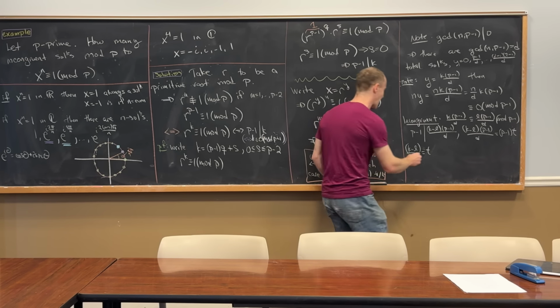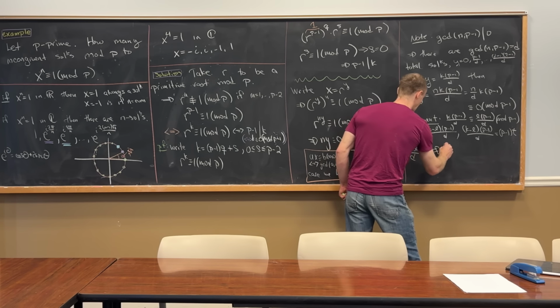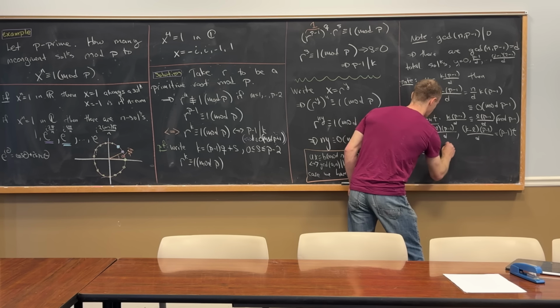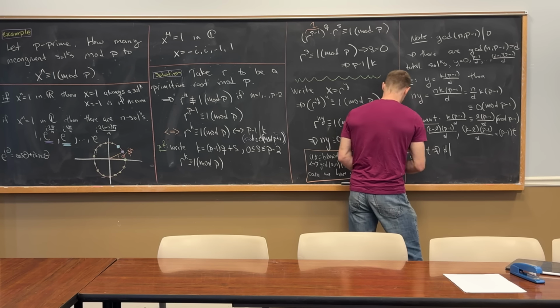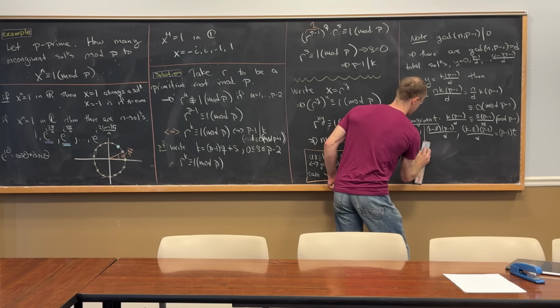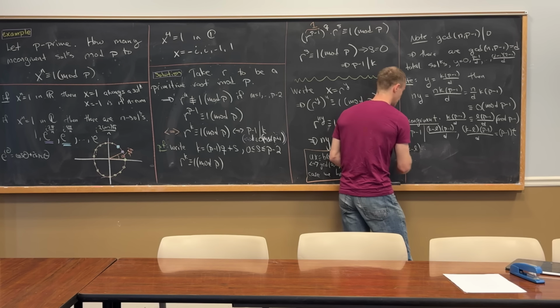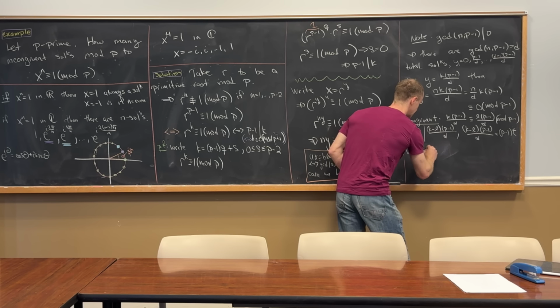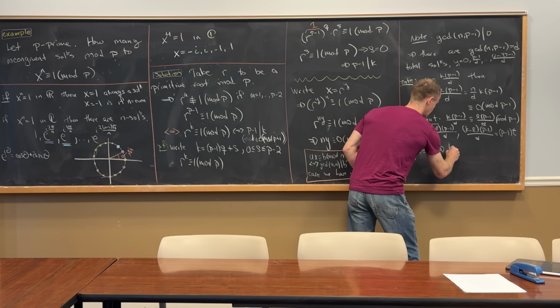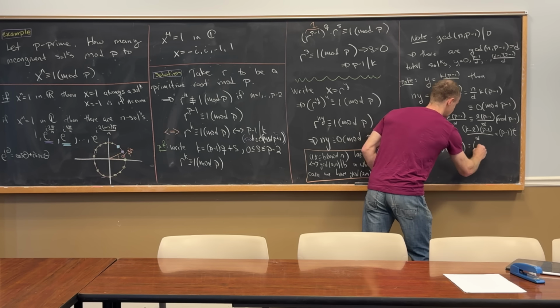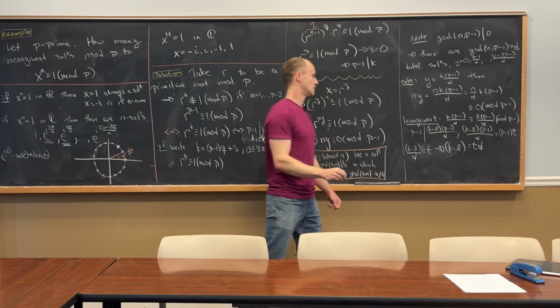But look, let's be super thorough. k minus L over D equals t, but that means that k minus L equals tD, right?